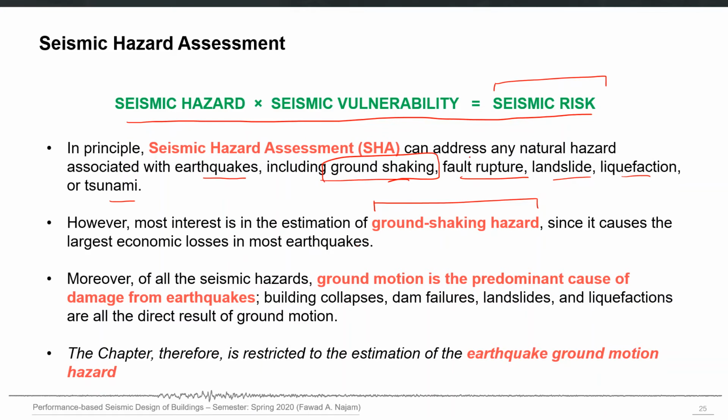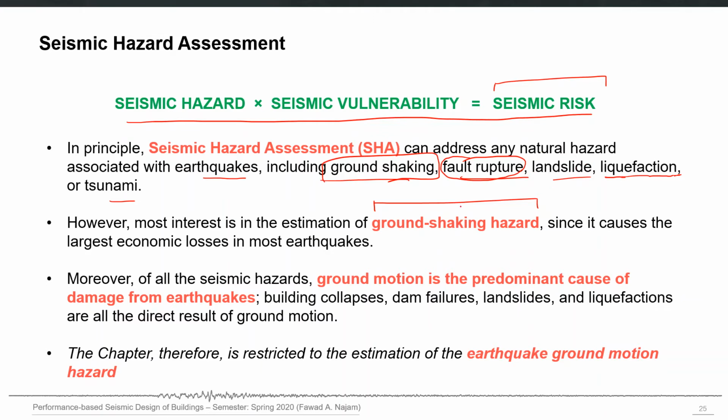Obviously the fault rupture will only be experienced on those structures which are located on a fault line. The tsunami is experienced for those structures which are located on coastal areas. Liquefaction is also subjected only in the areas where the soil has very low shear strength, and landslide also is at selected locations where the slope stability issues are there.